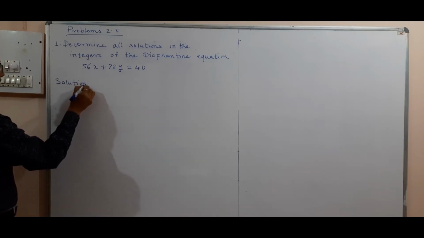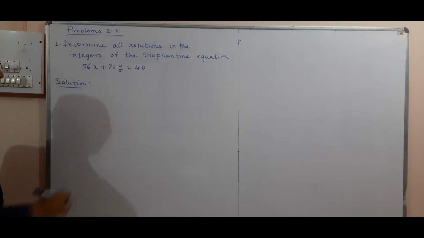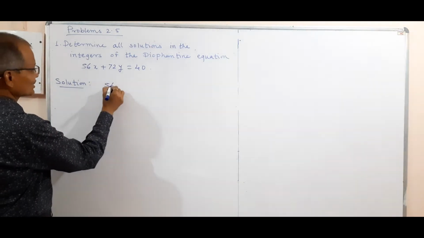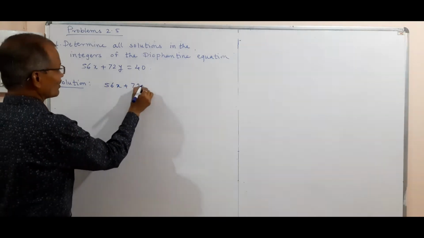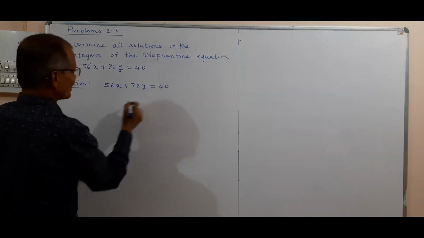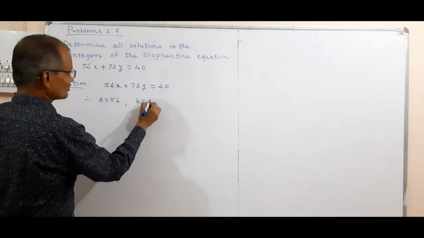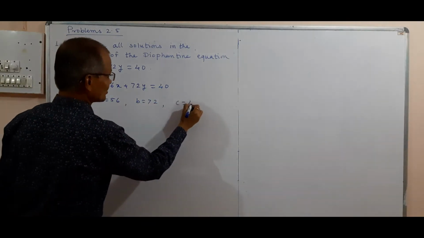And you see, compare this equation with ax + by = c. Therefore the given equation is 56x + 72y = 40, and the value of a is 56, b is 72, and c is 40.